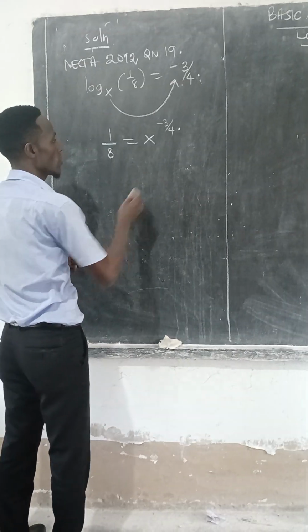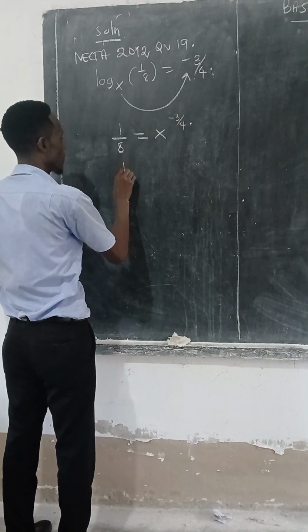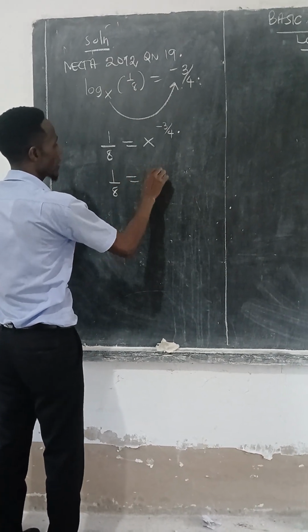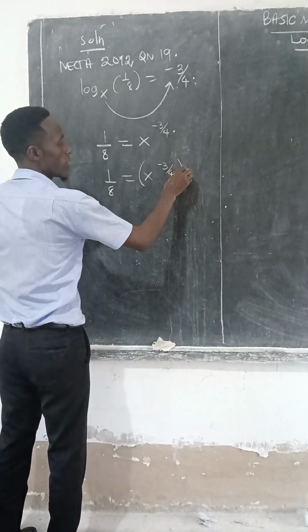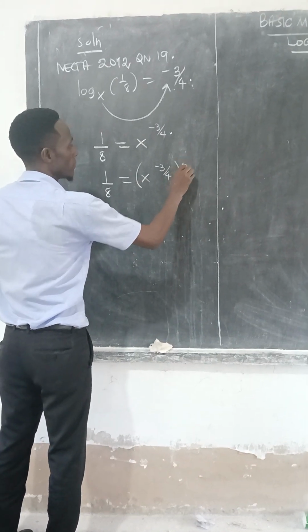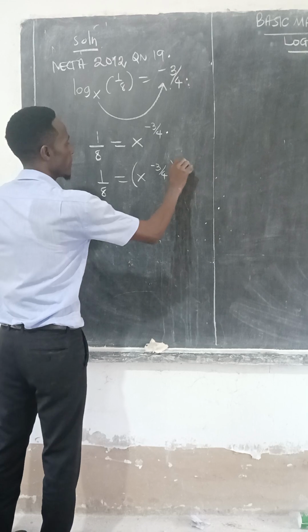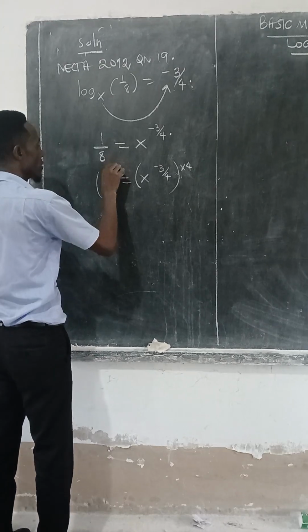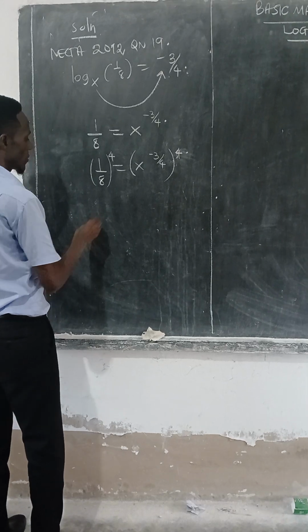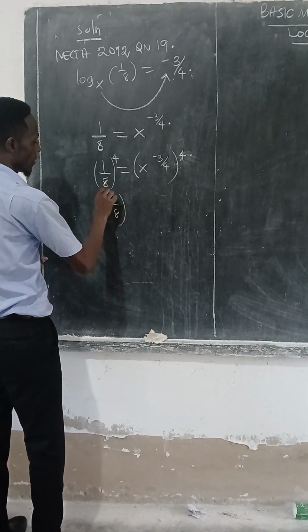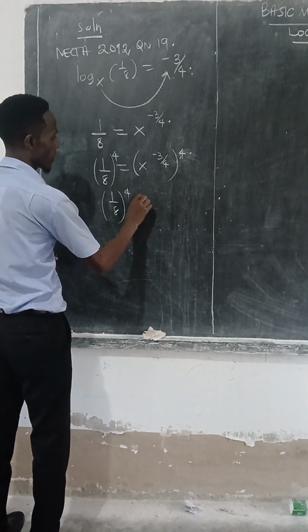So 1 is equal to x to the negative 3 over 4. Now just multiply by 4 on both sides, and you get 1 over 8 to the exponent 4 equal to x.